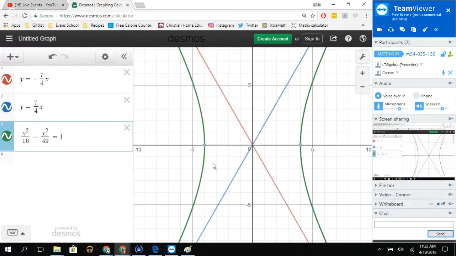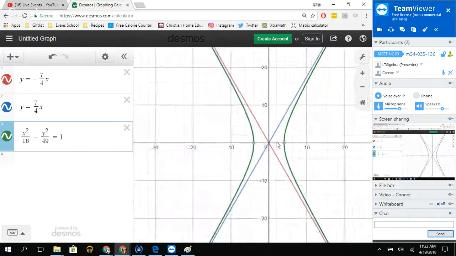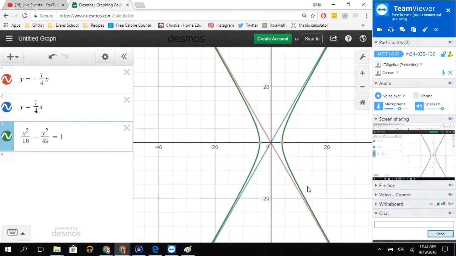There we go. Okay, this is much better than the graph I did. So you can see that my vertices are at 4 and negative 4. And then if you zoom out on your graph, you can see that your hyperbola is going to get closer and closer to these asymptotes, right? But it's never actually going to reach them.